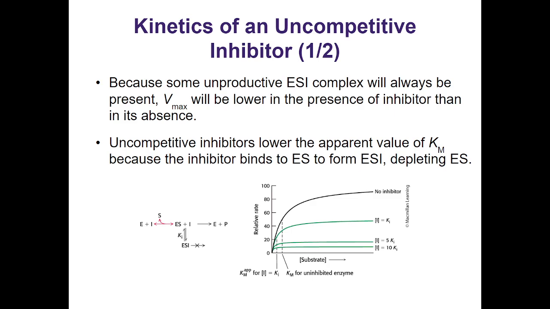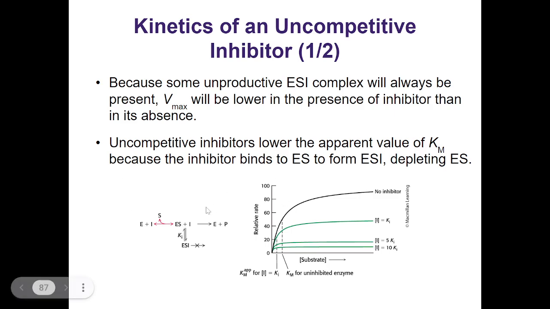We can't outcompete it, can we? Because if we bind the substrate to it, then we just make it easier for the inhibitor to bind. So we can't actually get rid of its effects by increasing the substrate concentration. Do you see that okay? We're not competing with it, are we? In fact, having more ES just means the inhibitor will have more expression of its inhibition.